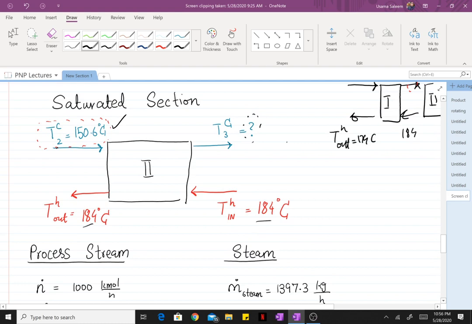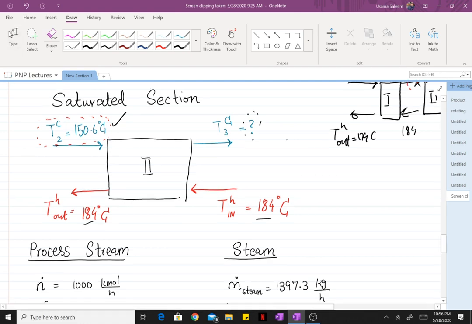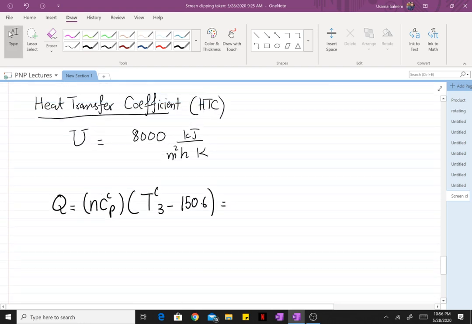It enters at 184 degrees Celsius as saturated steam and exits as saturated liquid. So we're going to use the latent heat of vaporization instead of the heat capacity and delta T.